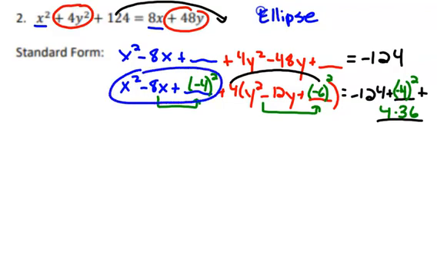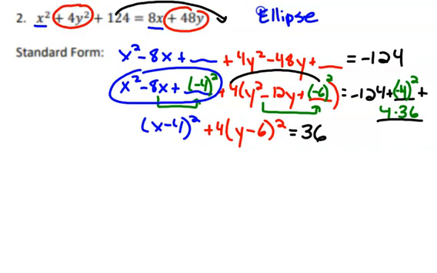This all becomes x minus 4 squared. This becomes y minus 6 squared. And this, negative 124 plus 16 plus 144 becomes 36.